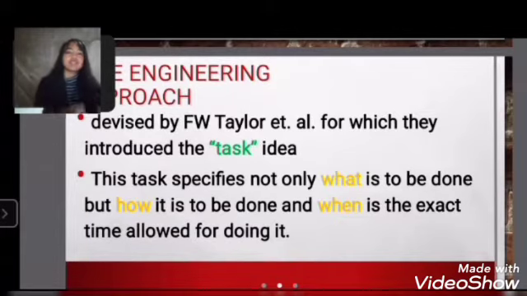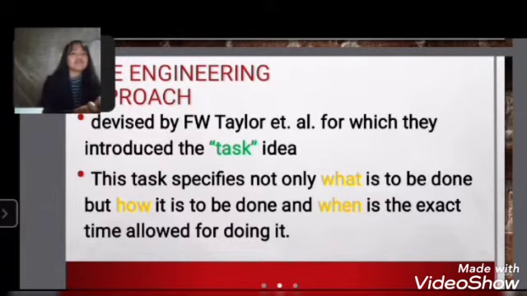The details include the what, meaning the task identity, which should be clearly stated and specified. Next is the how, meaning the work method to be used in doing the work. And of course the when, which includes the time deadlines.